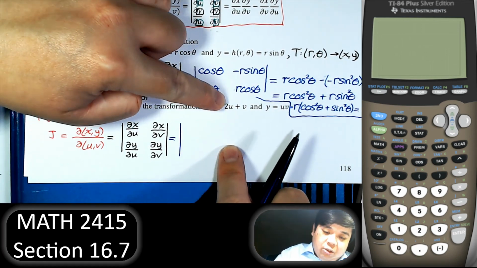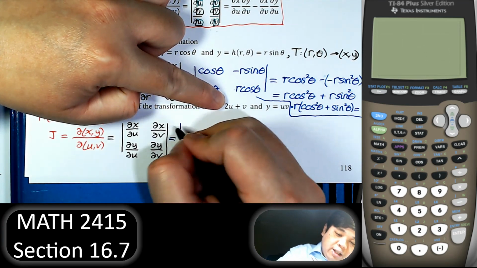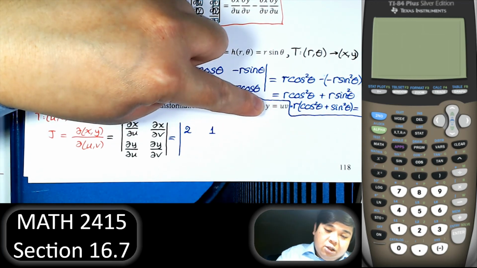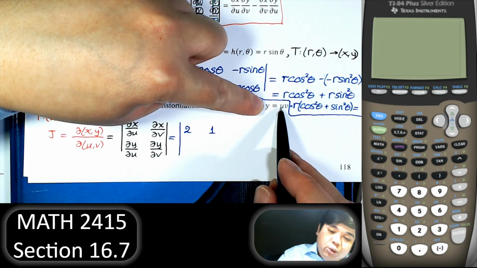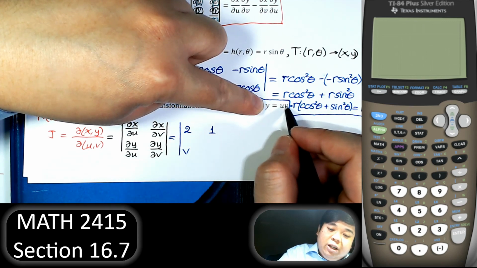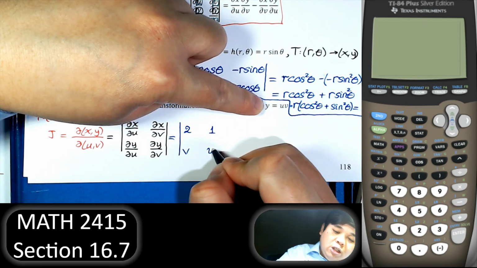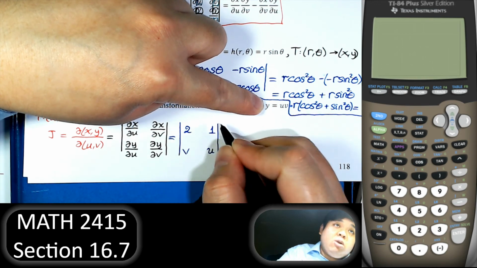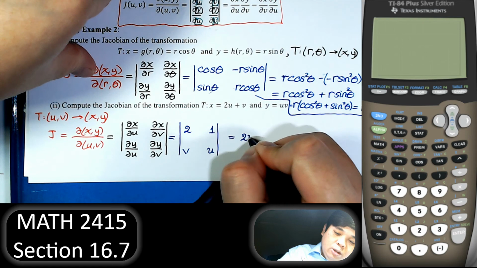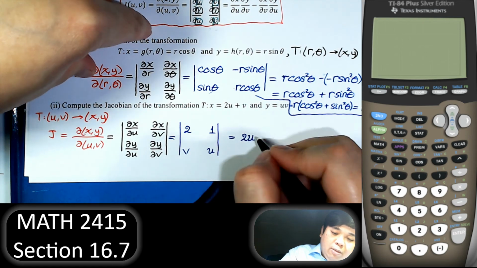Derivative of x with respect to u will be 2, with respect to v is 1. For y, derivative with respect to u is 1 times v, so it's v, and derivative with respect to v is u times 1, which is u. Cross multiply and subtract, so this will be 2u minus v.